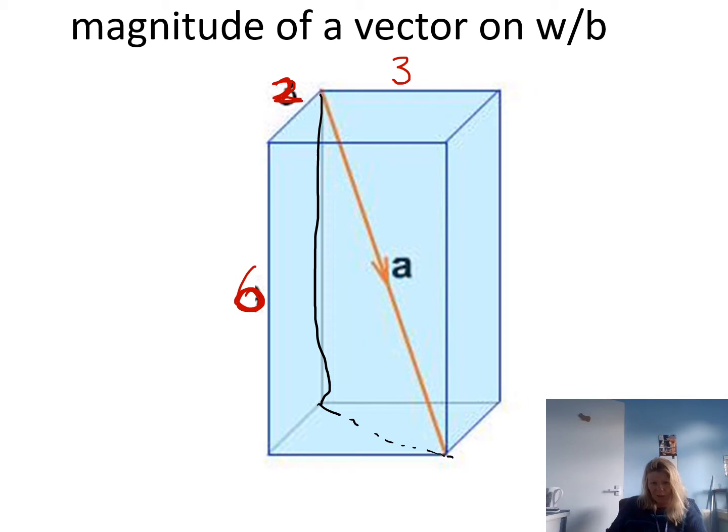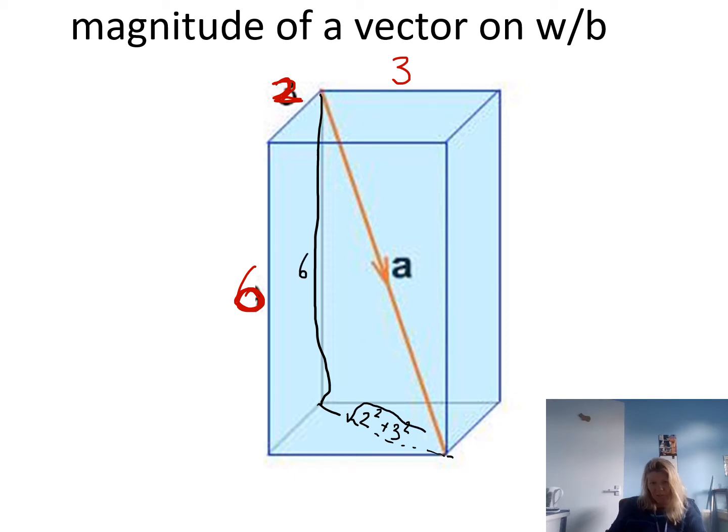Now that length at the bottom there is a bit of Pythagoras again, isn't it? Because it's a diagonal from that and that. So actually that works out at the square root of 2 squared plus 3 squared. And then we know this length is 6.